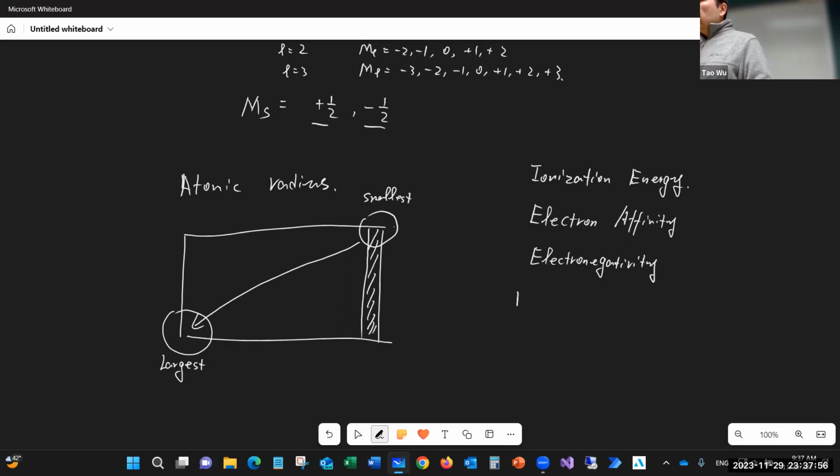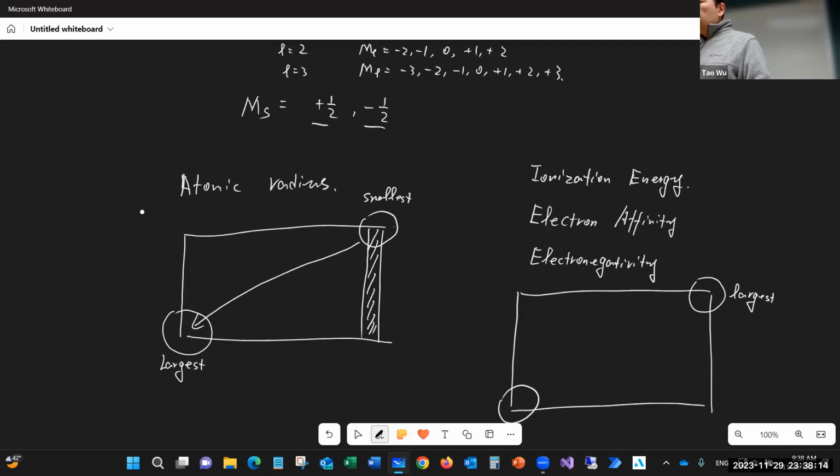Those three have the same trends. The top right is the largest: the largest ionization energy, largest electron affinity, and largest electronegativity. And the bottom left has the smallest. So this is the trend.